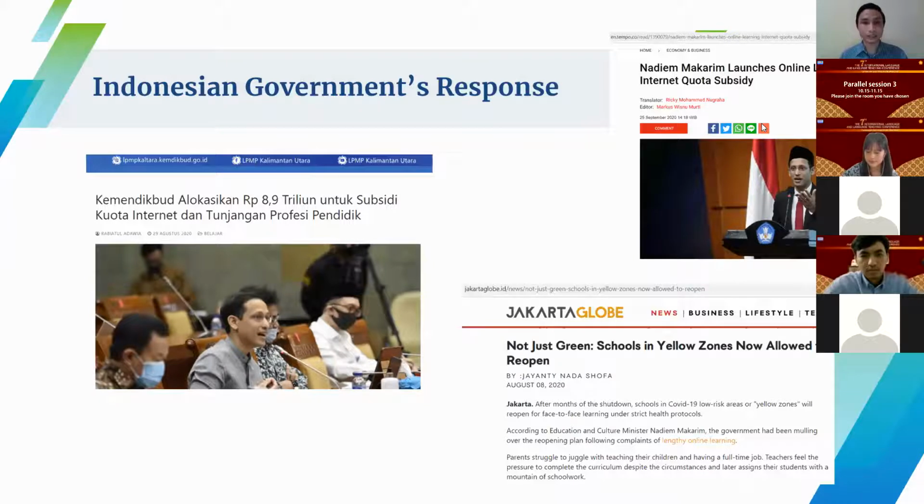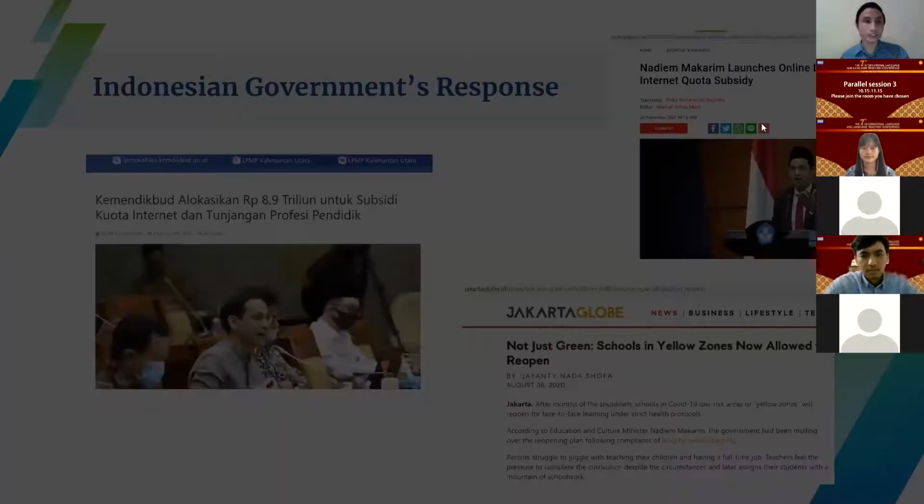The government gives support and subsidizes internet quota for teachers and students. Not only that, the government also decided to reopen schools not only in green zones, but also in zero zones. They are allowed to reopen for face-to-face learning under strict health protocols. So this is good news.